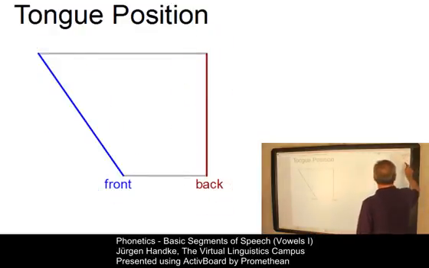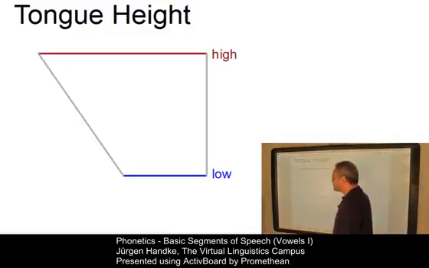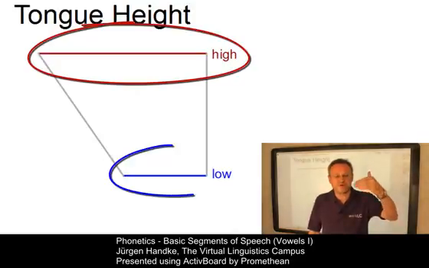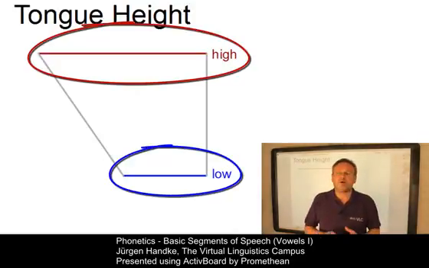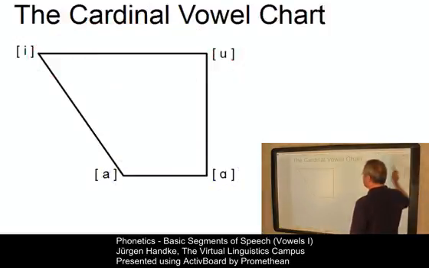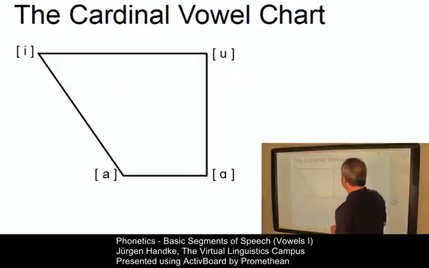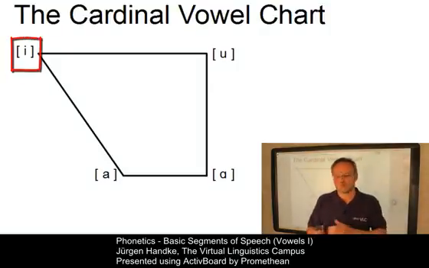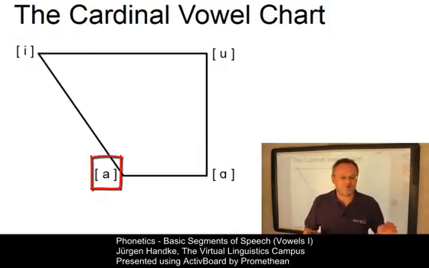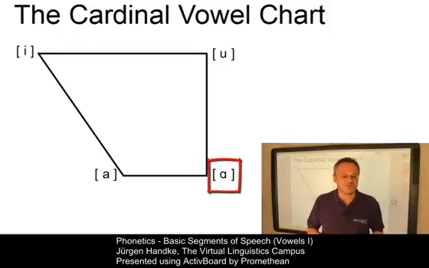The second parameter is high versus low: vowels that are produced with a high tongue position and vowels that are produced with a low tongue position. So we get our 4 reference points of the cardinal vowel chart: E, which would be a high front vowel, A, which would be a low front vowel, O, which would be a low back vowel, and U, which is a high back vowel.